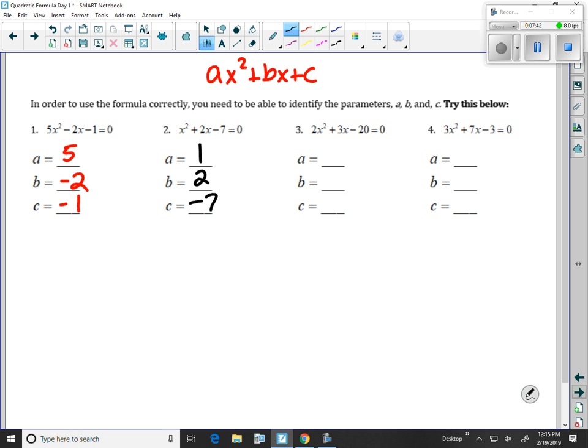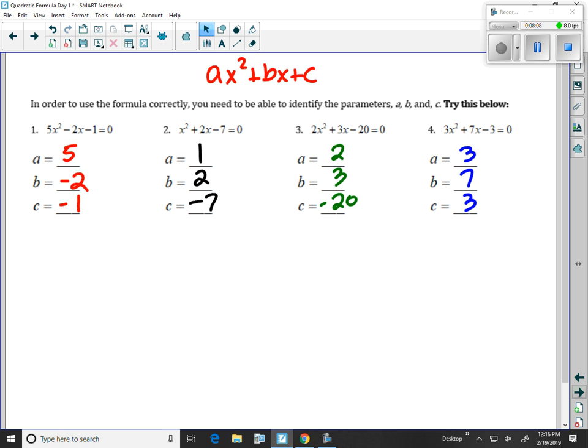Good. Do 3 and 4 on your own really quickly. Okay, do you agree with me?